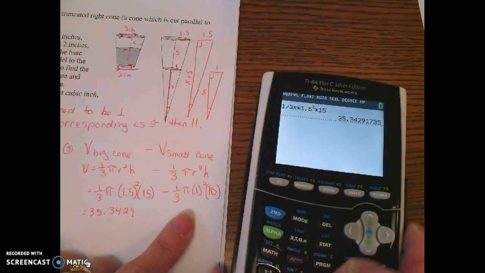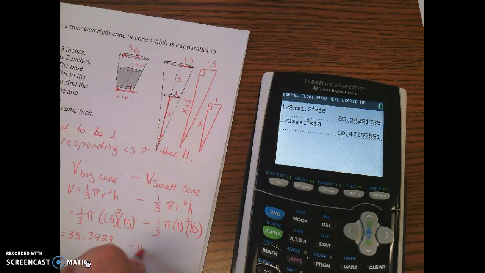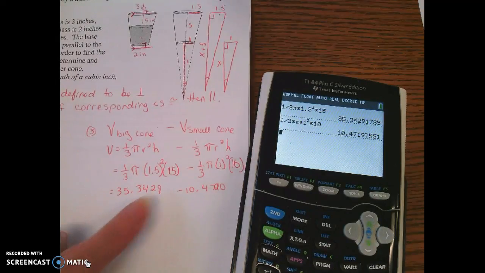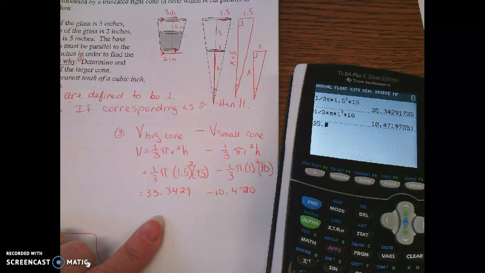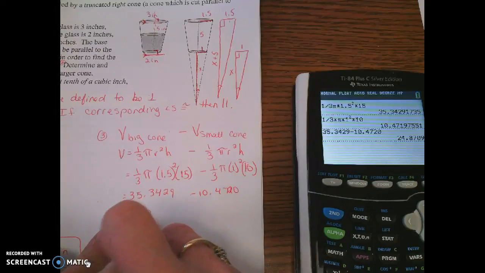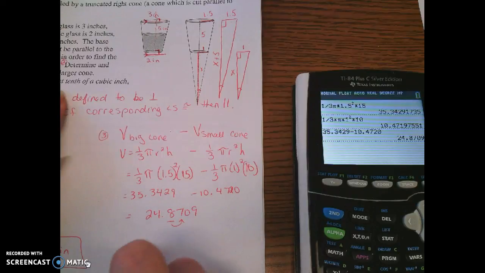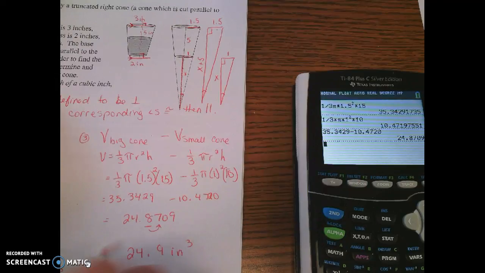Then the volume of the smaller cone, 1 divided by 3 times pi times 1 squared times 10, is 10.472. Subtracting these, 35.3429 minus 10.4720, we get a volume of 24.8709. It wanted it rounded to the nearest tenth, 24.9. All the units were inches, so it's inches cubed.